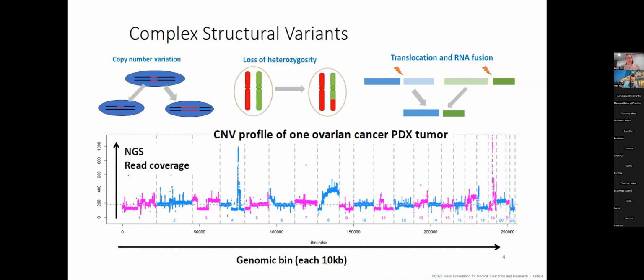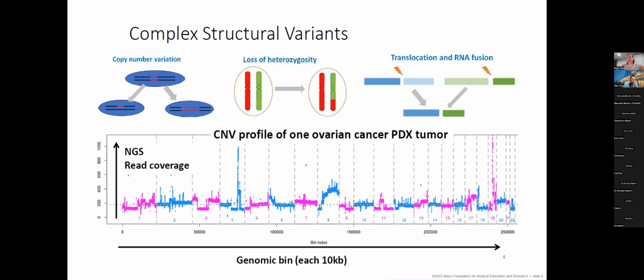And then this is a slide I stole from Dr. Chen Wang. He's been my co-champion of this group. He is an associate professor here at Mayo Clinic, working with the clinical genomic sequencing laboratory in bioinformatics. And so he put this together, and it's just illustrating the fact that complex structural variants can be a combination of things.